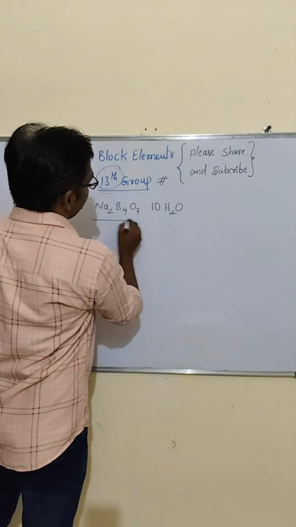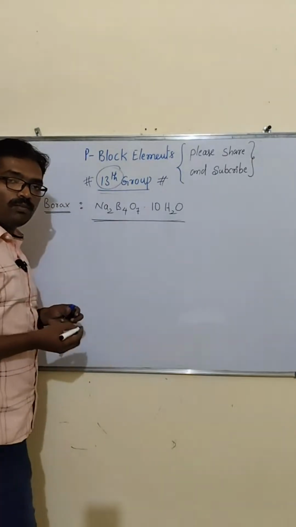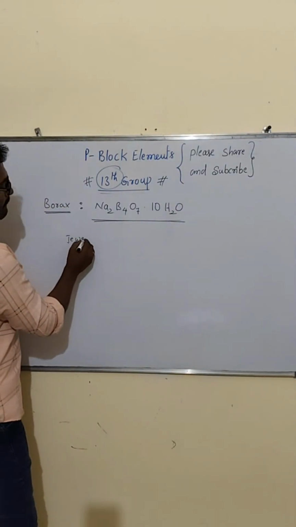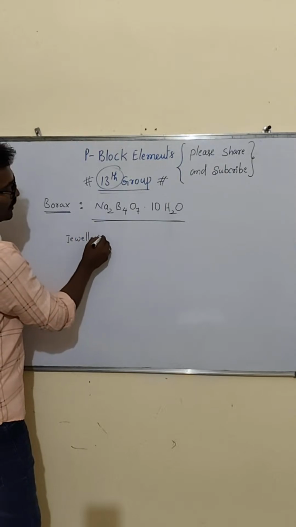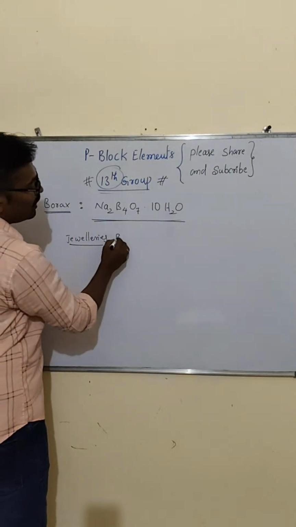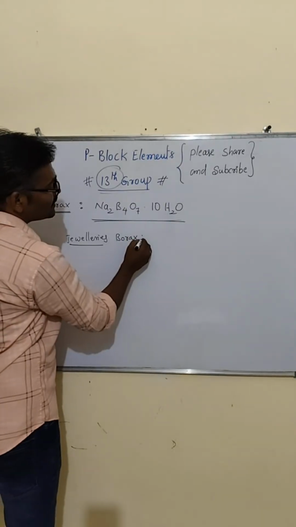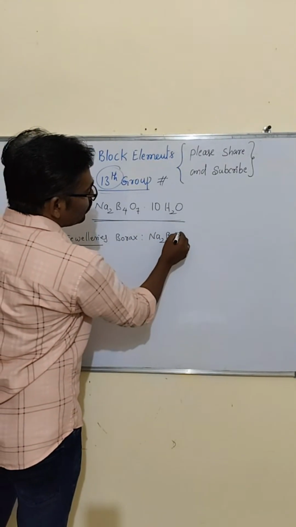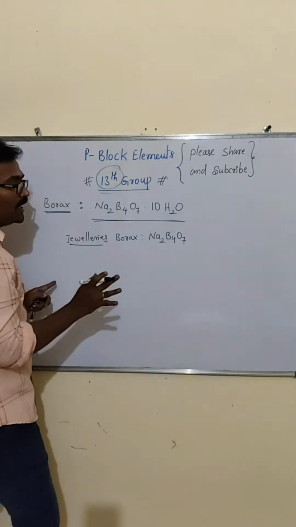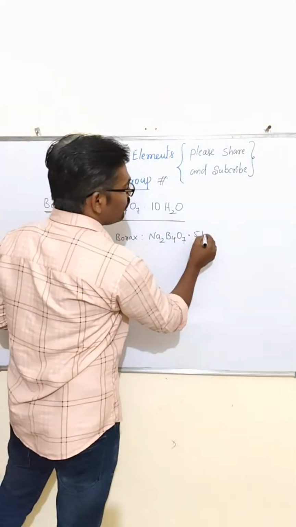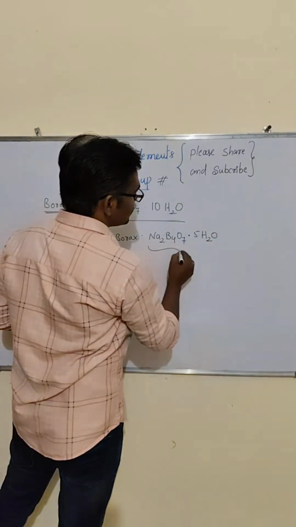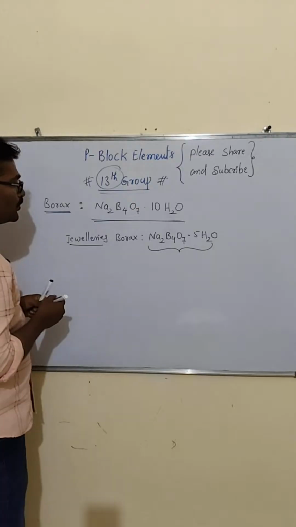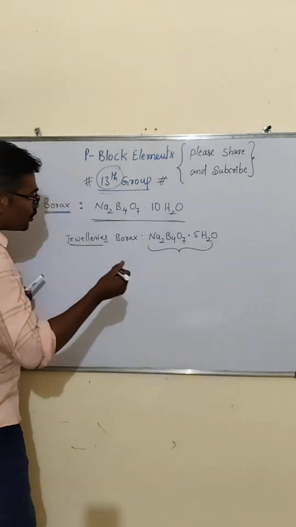This is the borax formula. In the gallery, borax contains Na2B4O7.5H2O.